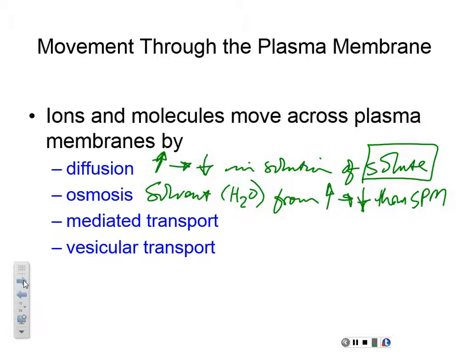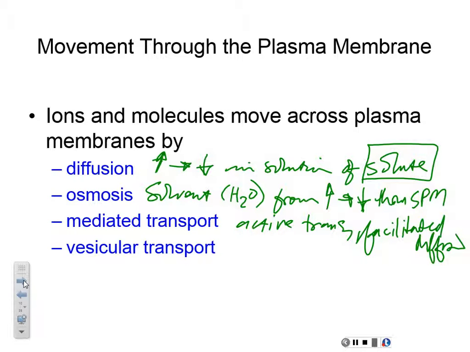Sometimes it could be an energy pump like the sodium potassium pump. Any active transport is some form of mediated transport, right? Also facilitated diffusion, when a molecule that's being moved attaches to a protein and then it is moved. We'll talk about facilitated diffusion later on, okay?